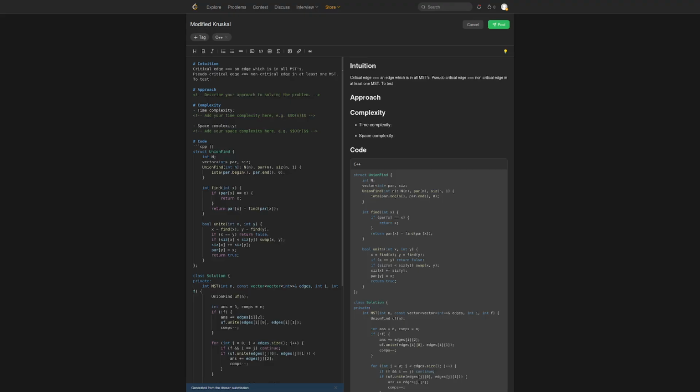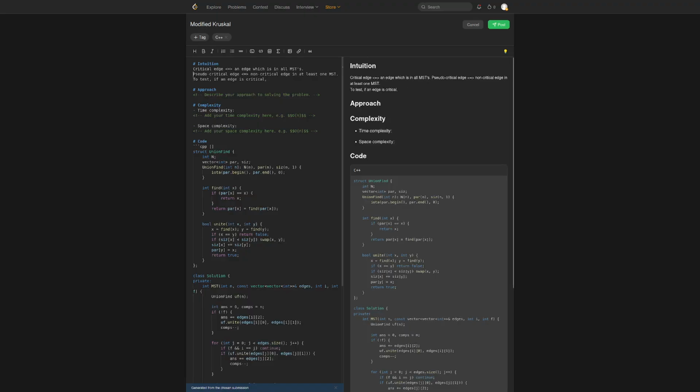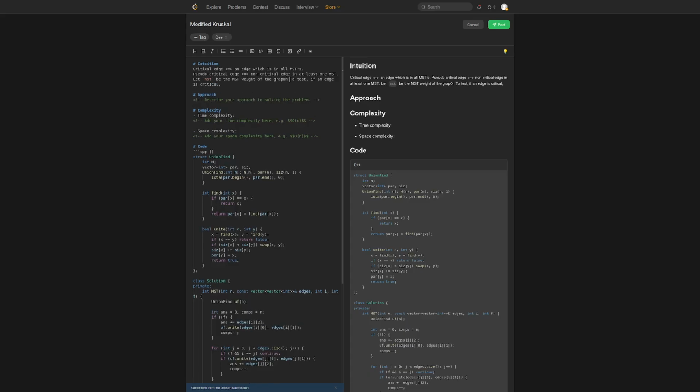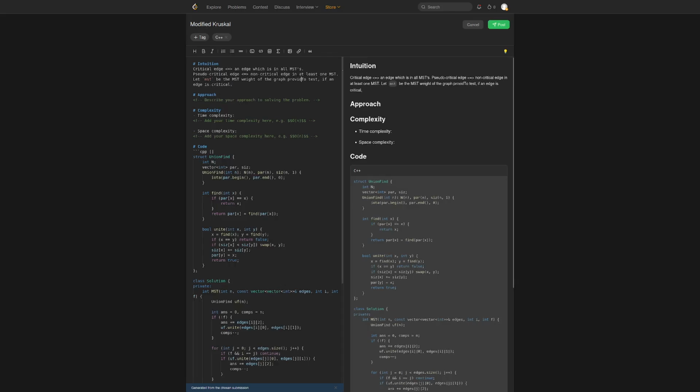To test if an edge is critical, let MST be the MST weight of the graph provided.